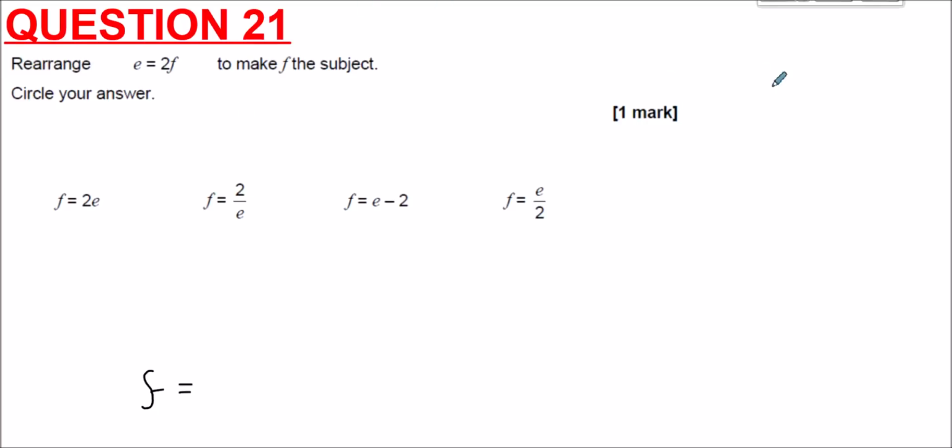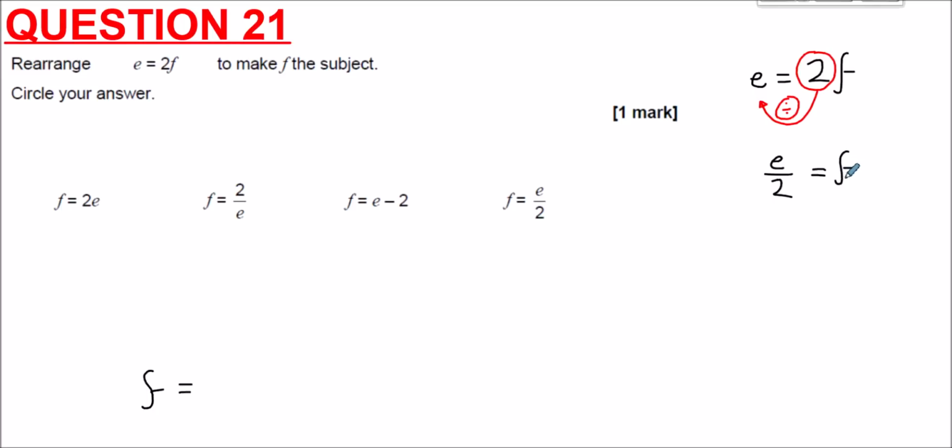And so if we've got E equals 2F, and we want to have F on its own, we could move this 2 to the other side, and that 2 is multiplying the F. Opposite of multiplying is dividing, so if we swap the side of a 2, we'll swap the sign of it. Opposite of multiplying by 2 is dividing by 2. And so E divided by 2 equals F.